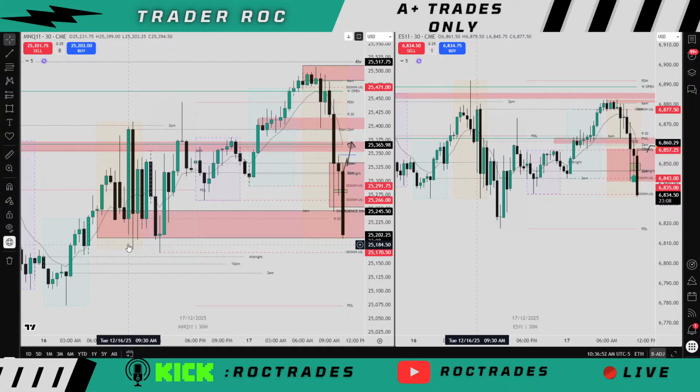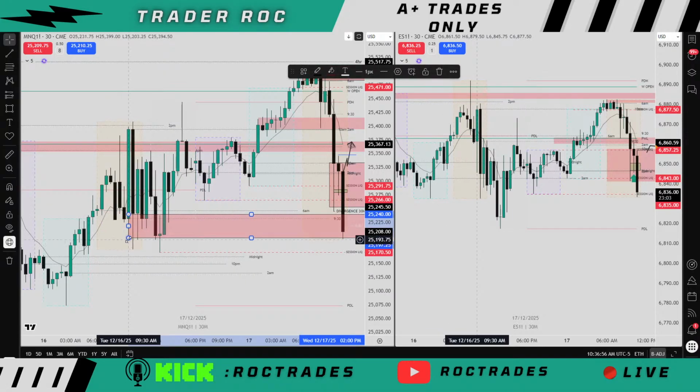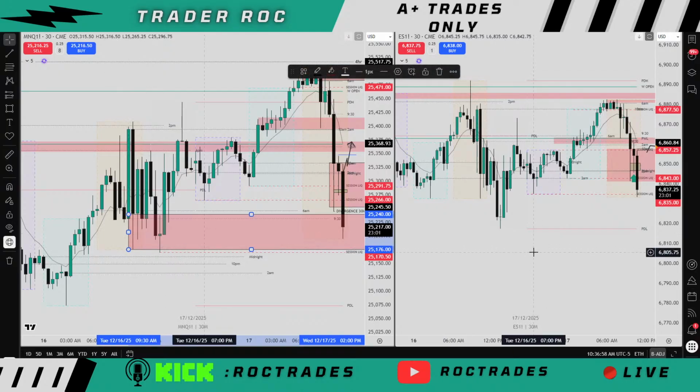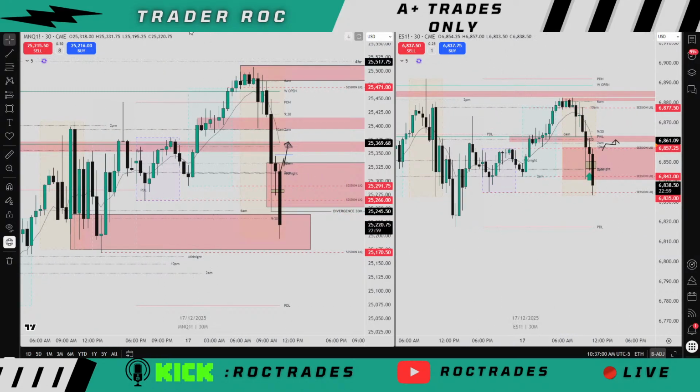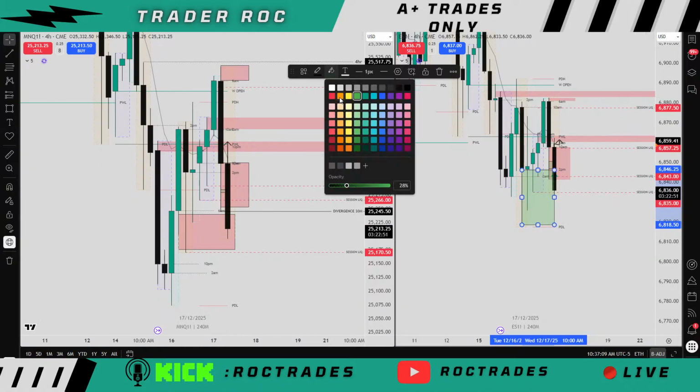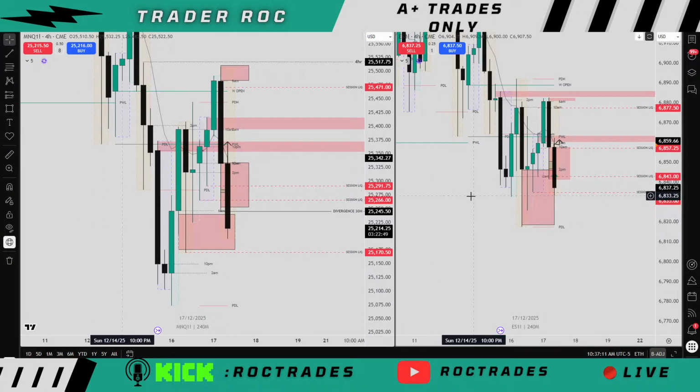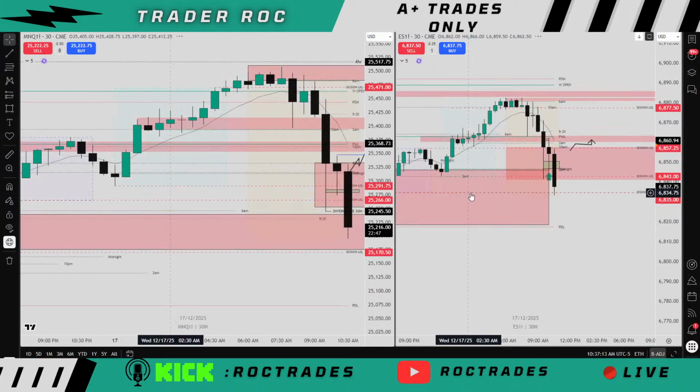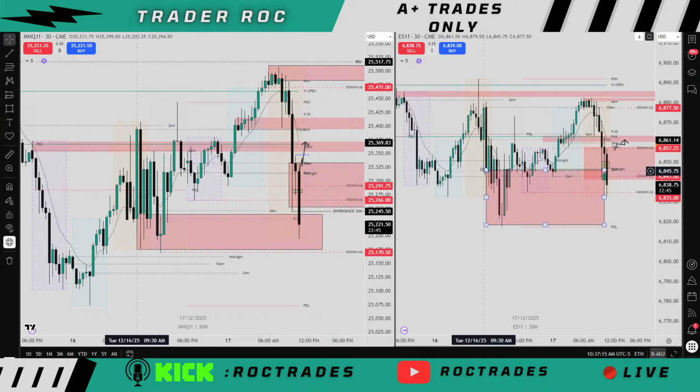notice these wicks down here pretty much created that structure. So this 30-minute low right here should maintain. And then same thing over here. Let's see. Yes. This low right here. This 30-minute low.